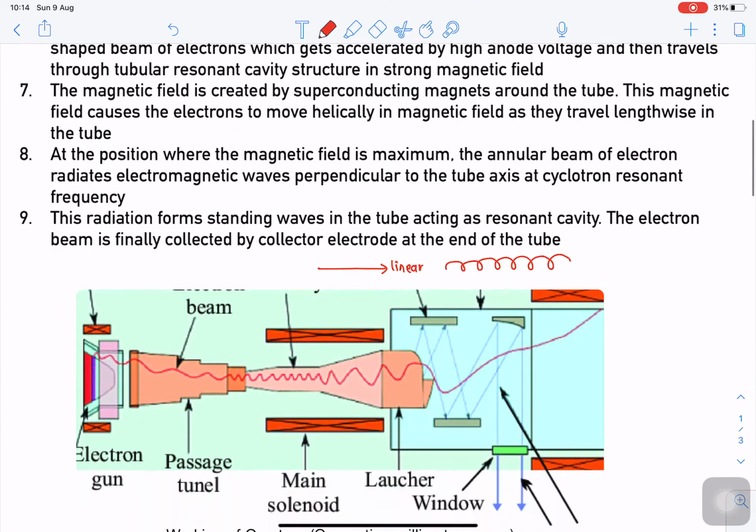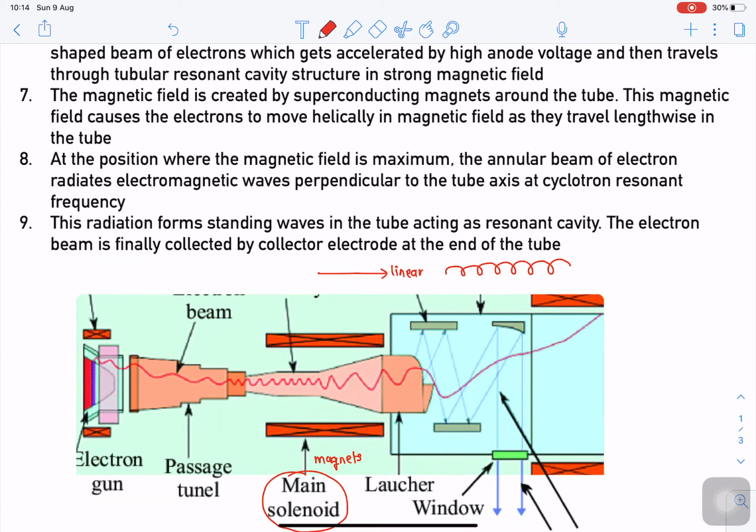The magnetic field can be produced by making use of superconducting magnets or strong solenoids which are surrounding the tube. This magnetic field will cause the electrons to move helically as they travel lengthwise in the tube.